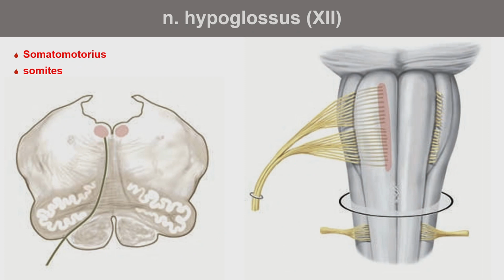The last cranial nerve is the hypoglossus. The hypoglossal nerve is a pure somatomotor. It has, and you can see here, those rootlets nicely seen. If you remember rootlets from the spinal cord and spinal nerves, they are forming spinal roots.